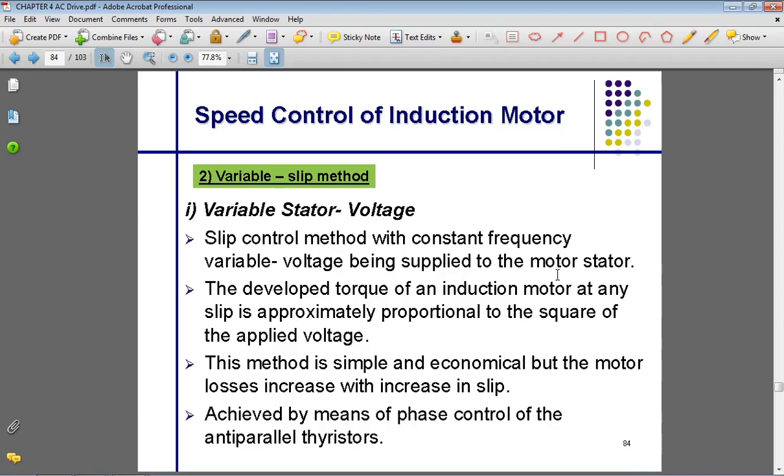This method is simple and economical, but the motor losses increase with increase in slip, achieved by means of phase control of the anti-parallel thyristor. By this way we can control the RMS value of the stator voltage.